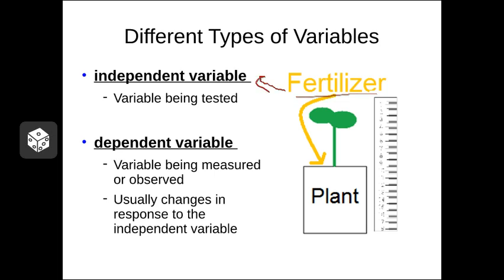Now the dependent variable is the thing that will change in response, or the thing you're going to measure. So let's say that in this experiment you're going to measure the height of the plant. That is going to be your dependent variable. Now you can use these two variables to make your hypothesis. You can say, if I put fertilizer on the plant, then it will grow faster.